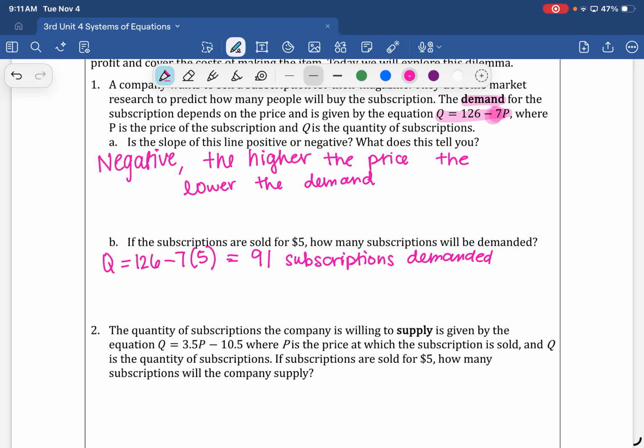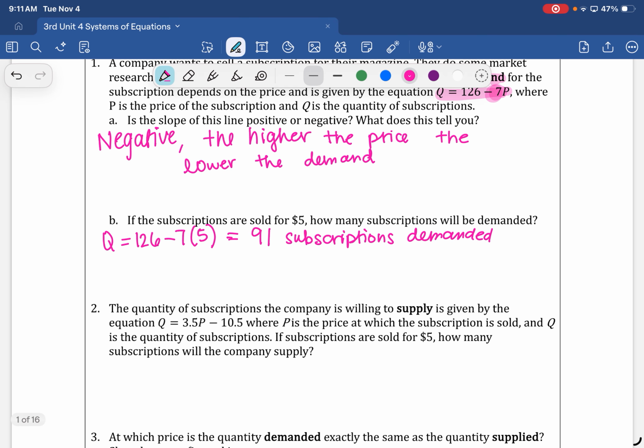All right. Now, the quantity of subscriptions the company is willing to supply is given by a different equation. So the supply equation is given by Q is equal to 3.5P minus 10.5, where P is the price the subscription is sold and Q is the quantity of supply. So if the subscriptions are sold for $5, how many subscriptions will the company supply? What do I need to do to figure that out?